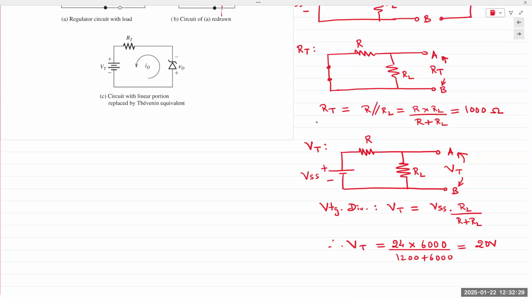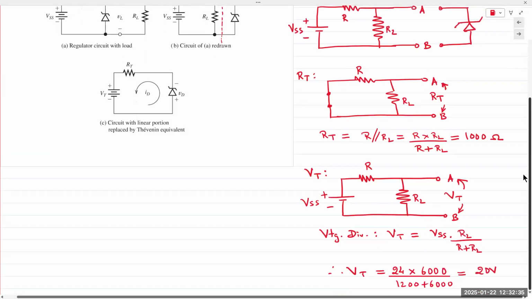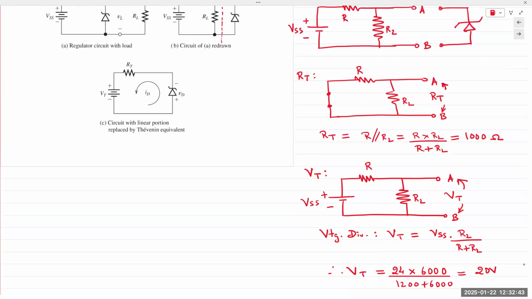Okay, so going back to that earlier question about directly finding the answers. The equation for VT, the Thevenin voltage that is being applied to that Zener diode, contains both R and RL.